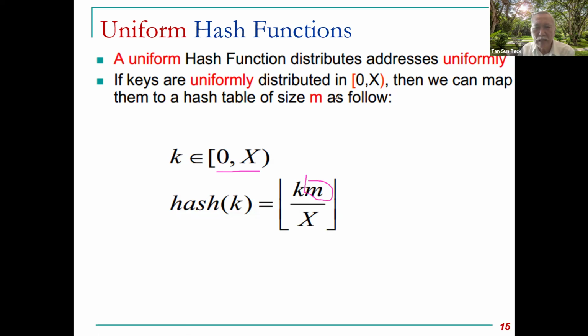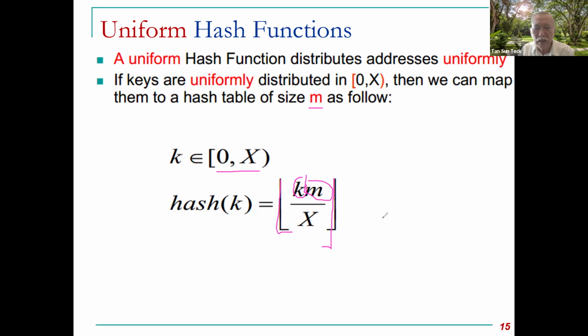Because it's within this interval, we can actually divide. M is the size of the table. We divide this by x, meaning that interval, and most of the time we are going to get some decimal point. Then we multiply the key by this decimal value, and then we take the lower bound, or the floor, of this number.